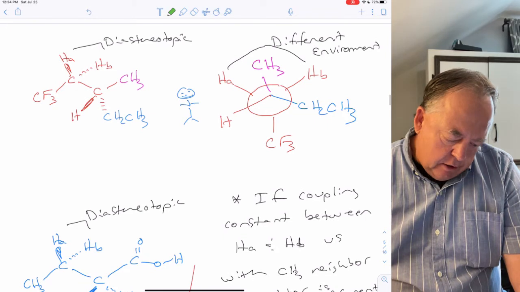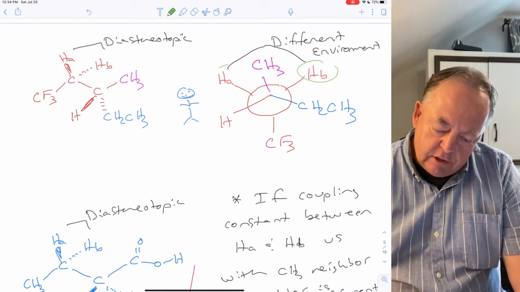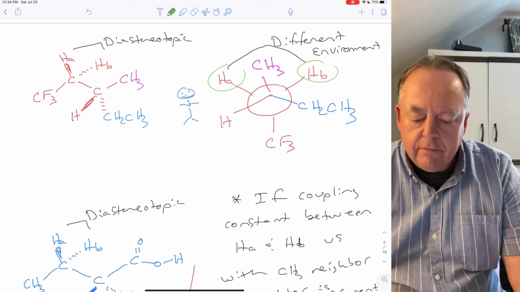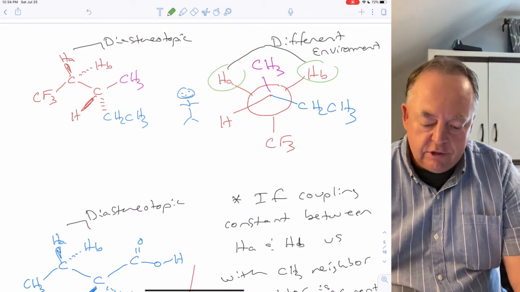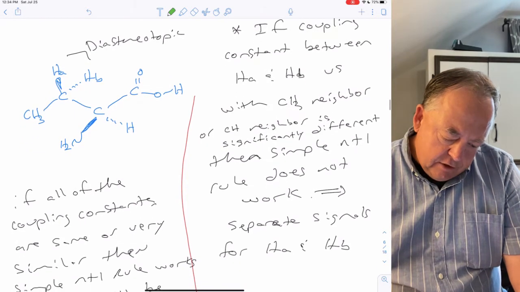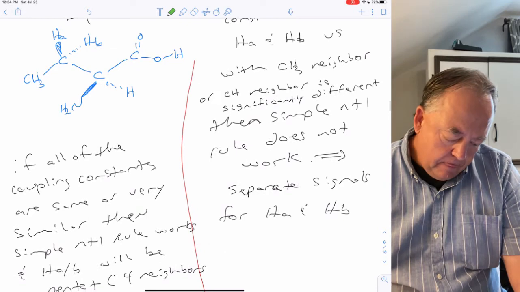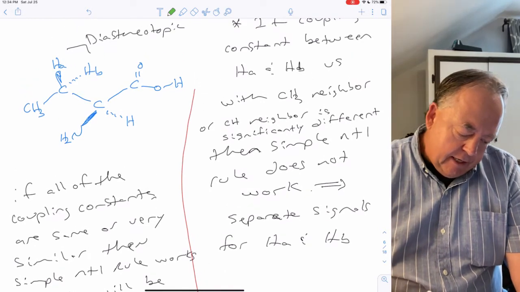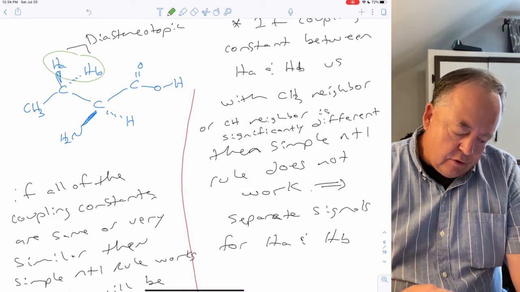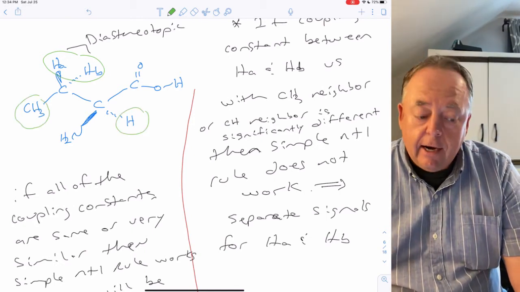Okay, so that's just another example of diastereotopic hydrogens, where you can see that HA and HB are in different environments. Different hydrogens can split each other. Now it depends on what the coupling constants are. If we look at HA and HB, they're different, so they can split each other, and then they can split with CH3 and with the hydrogen.